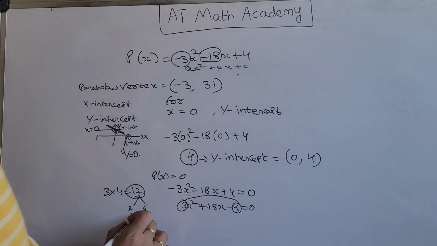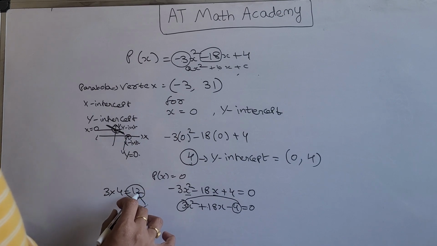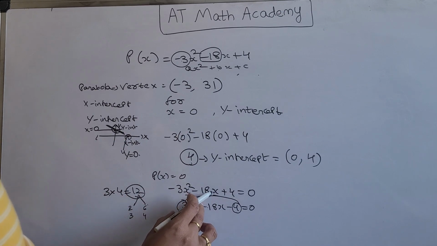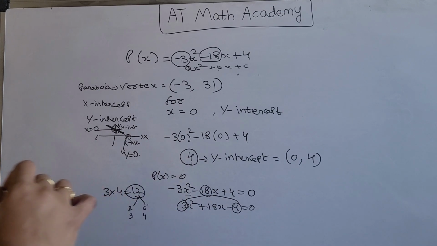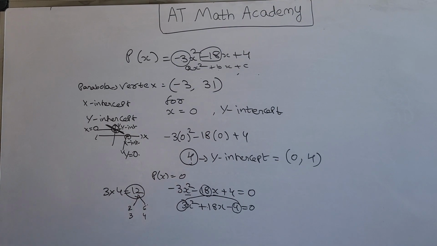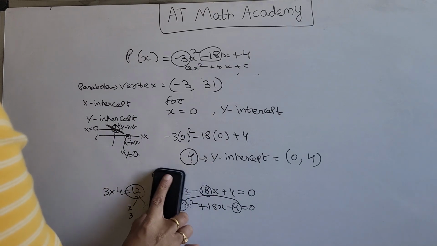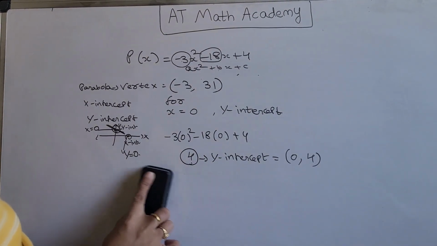You need to get the sum as 18 and the product as 12. Or you can find it in another way.